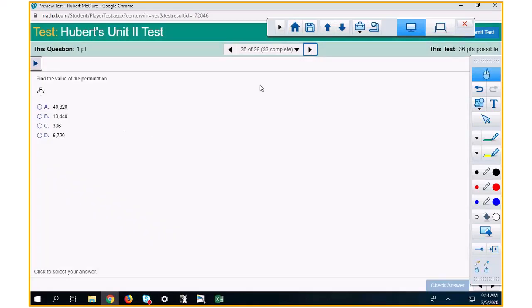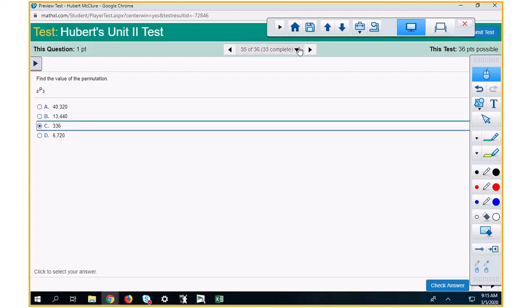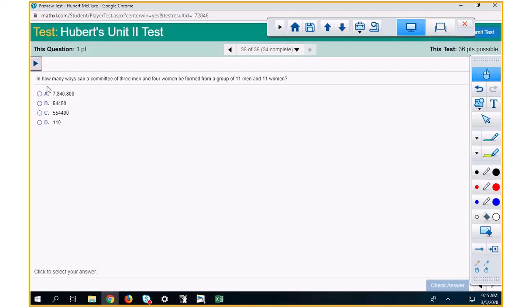8 permutation 3. Which one is it? And in how many ways can a committee of 3 men and 4 women be formed from a group of 11 men and 11 women? So there's 22. So what would you do there? 3 men and, what does and mean?